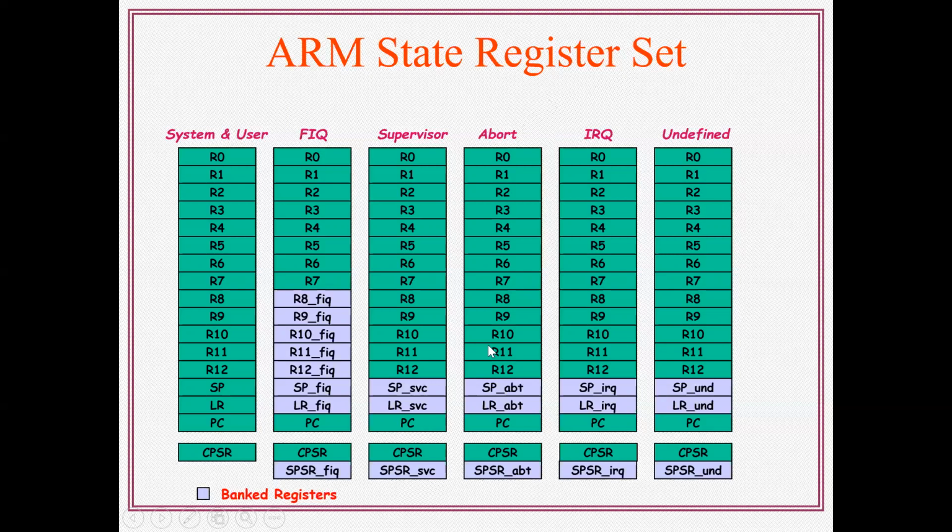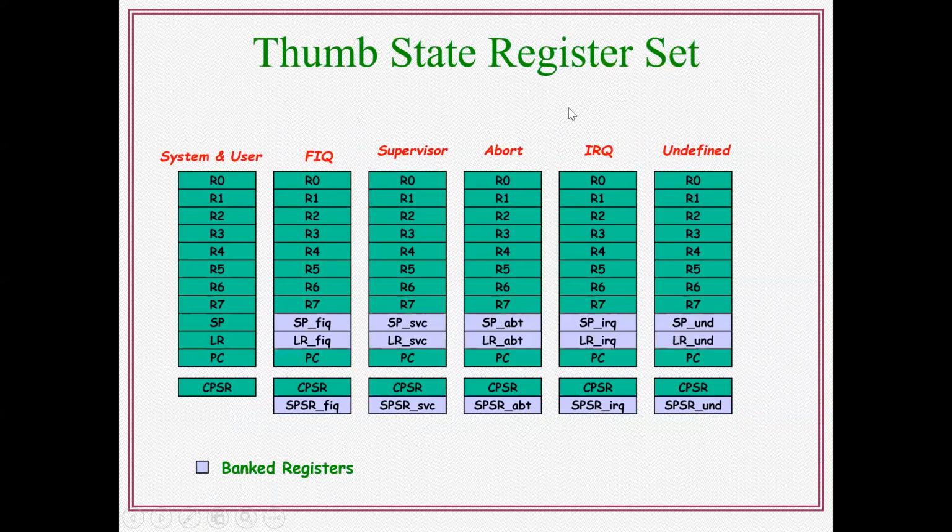Abort mode also has SPSR, stack pointer and link register. IRQ also has 3 registers, undefined also has 3 registers. 1, 2, 3, 4, 4 into 3, 12. 12 plus 8, 20. These 20 registers are called banked registers or hidden registers. It is the ARM state register set.